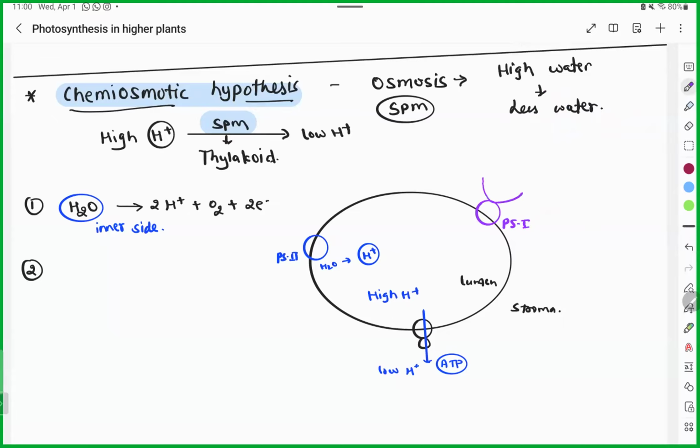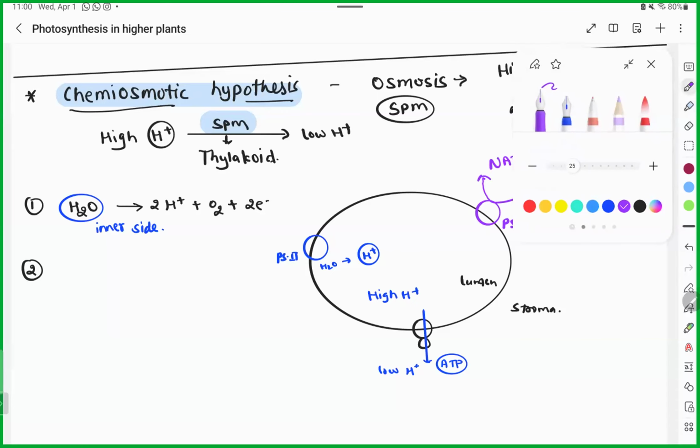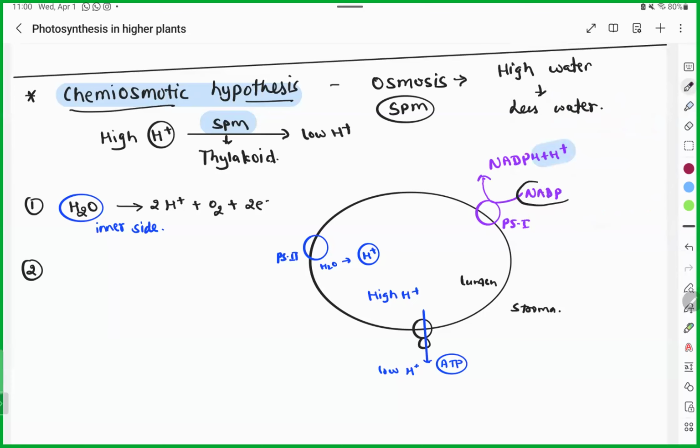So in this PS1, NADP will convert into NADPH. So what happened actually in this case? Hydrogen is added to NADP. What is the source of this hydrogen? Stroma. It means this NADP should be located on the stromal side.